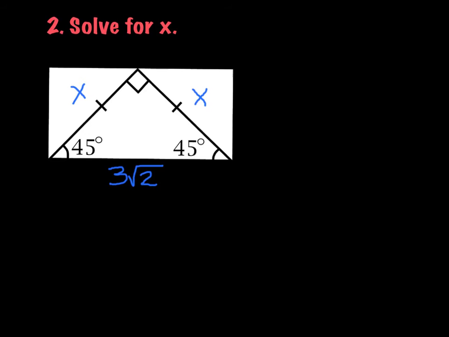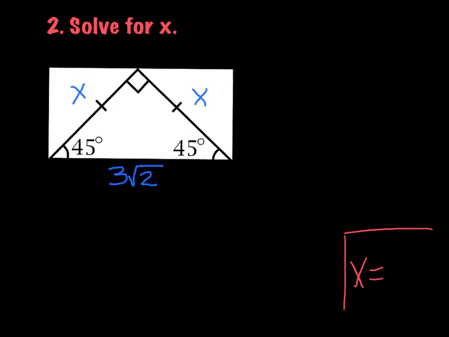Okay, problem 2. Once again, we're solving for x. So this time we're looking for the length of the legs. Okay, so let's go ahead and put a spot for our answer. X equals. Okay, remember our template. Let's go ahead and write that in.